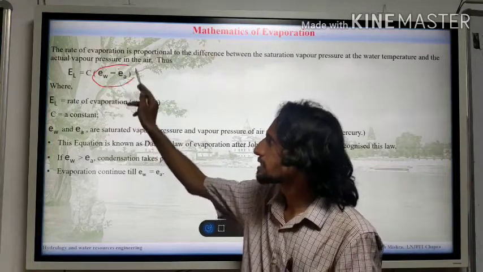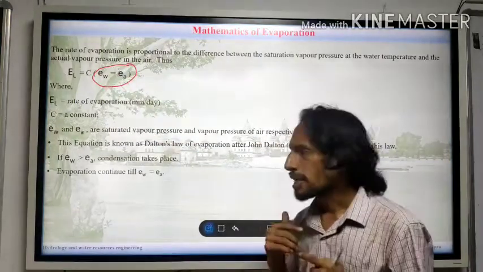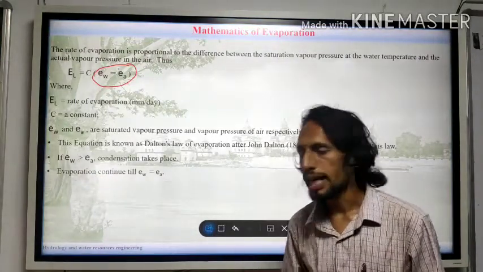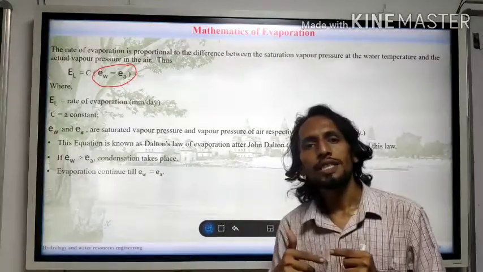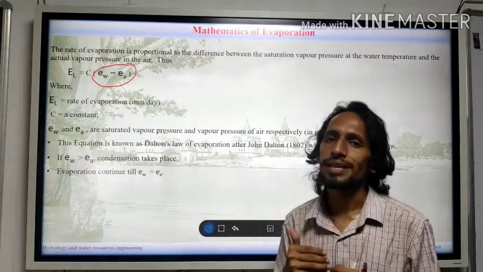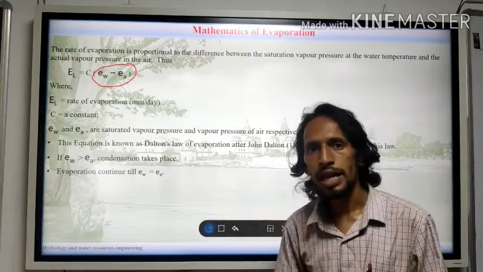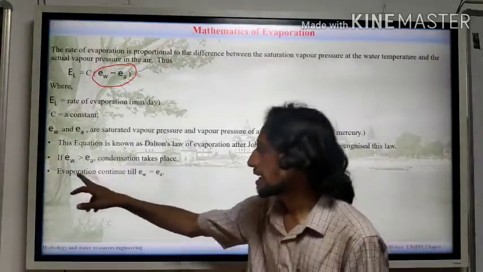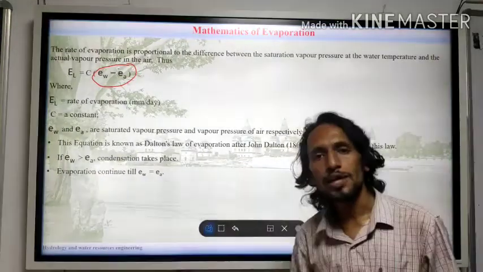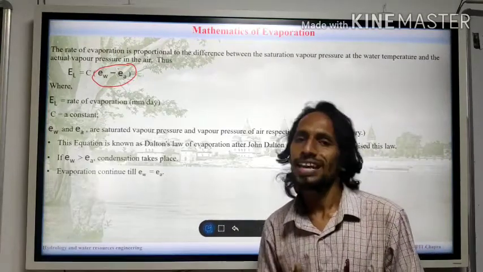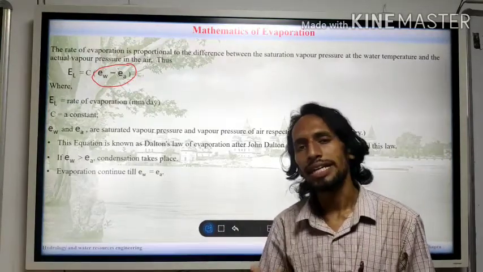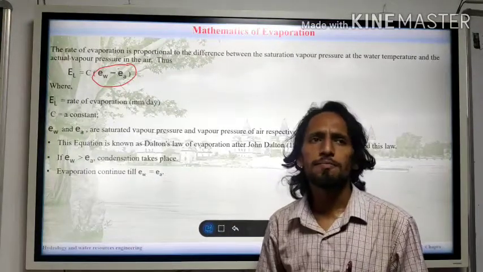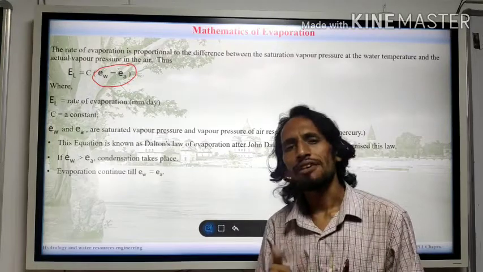Okay, so this difference is maintained, and if EW is greater than EA, then the evaporation process will continue. It will continue till EW becomes equal to EA. When equilibrium is reached, then evaporation stops. But actually it never happens.